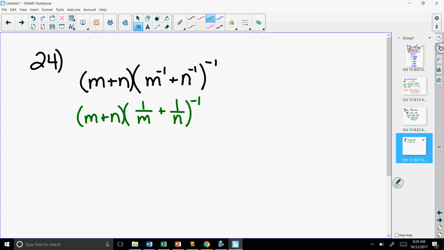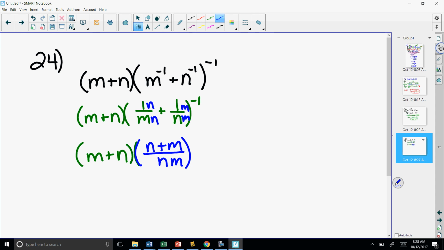If I work inside the second set of parentheses, I get a common denominator, which is mn. So I'm going to get n plus m over nm. And that's raised to the negative first.